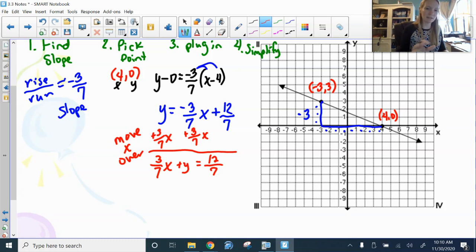Technically, this is correct, but it's not very pretty to look at. Could we write an equivalent equation where maybe we don't have fractions?